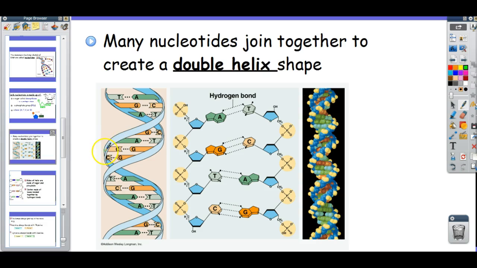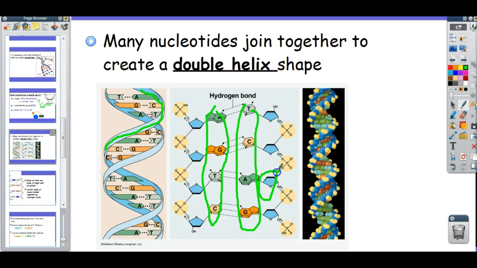So what then makes up this helix? Okay, we know they're nucleotides, right? Let's look what's in the middle. In the middle, we have our bases, our letters A, T, C, G. On the outside, we have our pentagons. Remember, those are our sugars, and the phosphates.